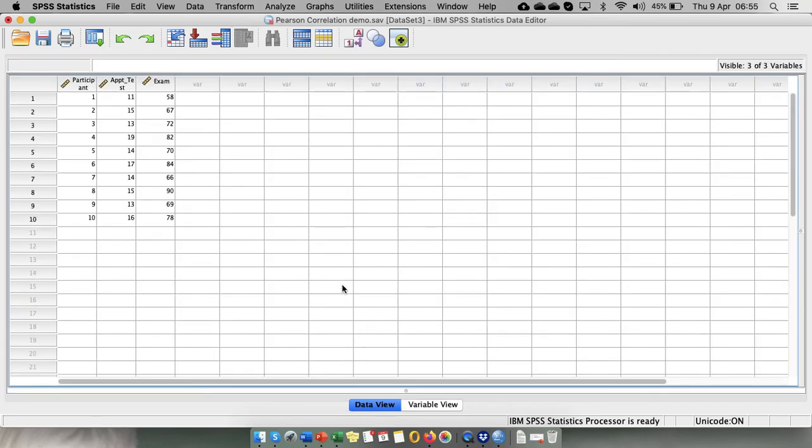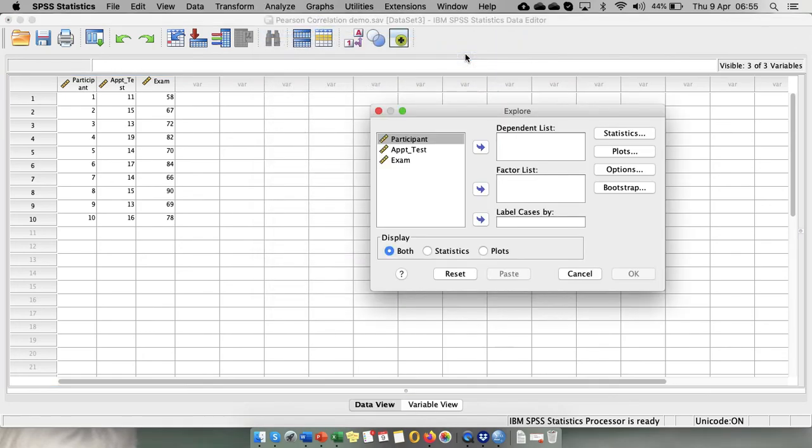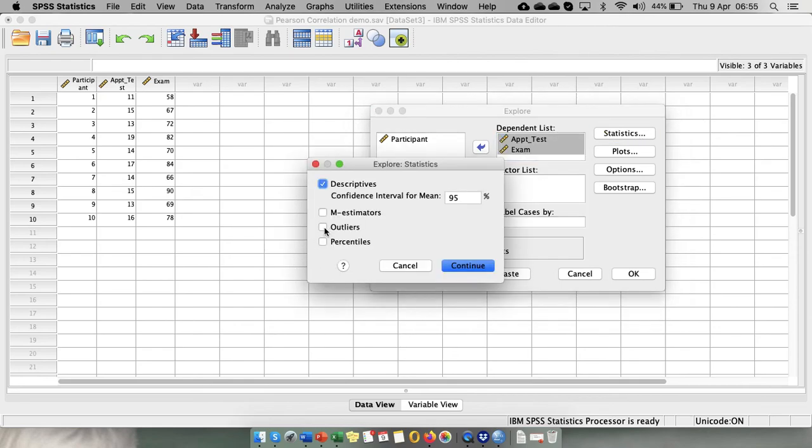So first step, testing the assumptions. If you go to Analyze, Descriptive Statistics, Explore, a new window will open. In here, we'll move the aptitude test and exam scores into the dependent list. Go to Statistics and select Screening for Outliers.